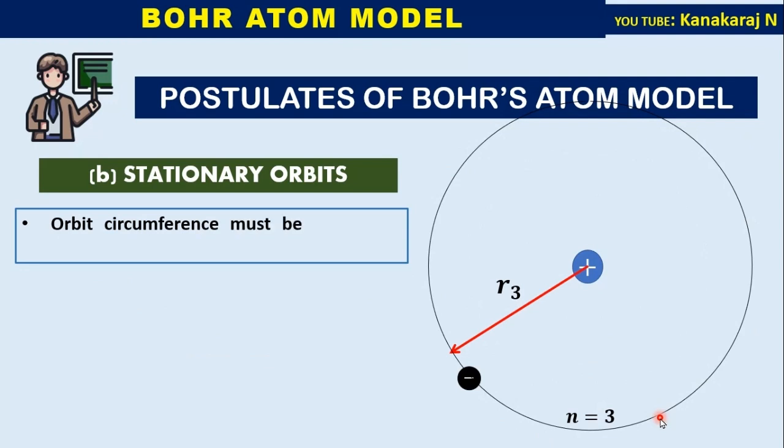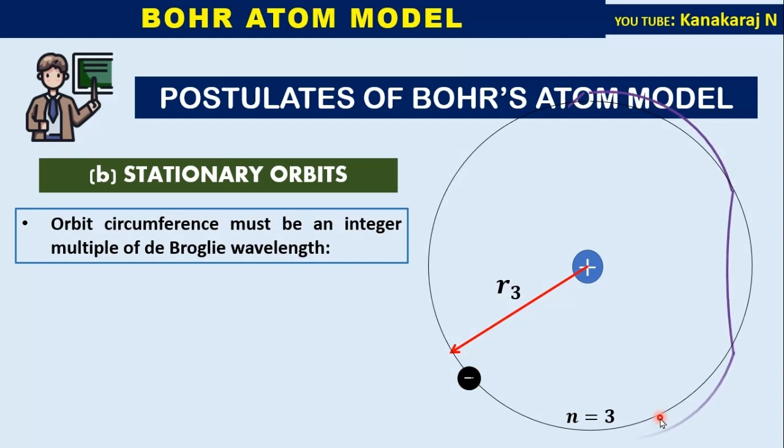Orbit circumference must be an integer multiple of de Broglie wavelength. This is the first wave, this is the second wave, this is the third wave. So the third orbit accommodates a wave with 3 lambda, and lambda is the de Broglie wavelength.